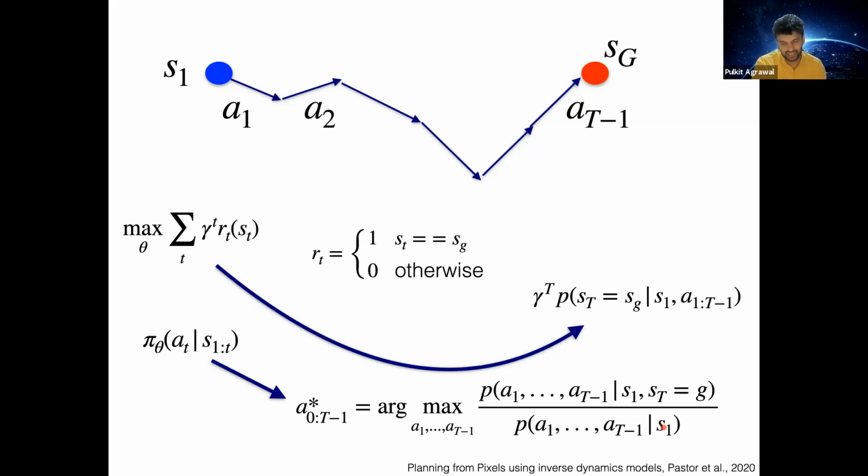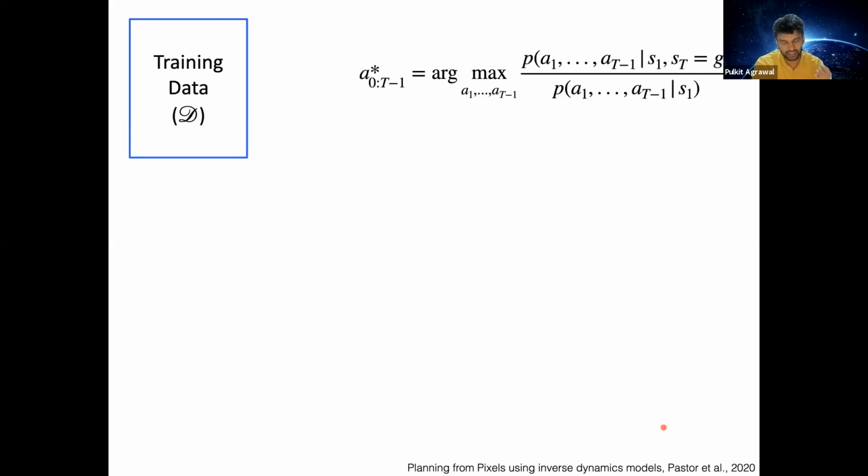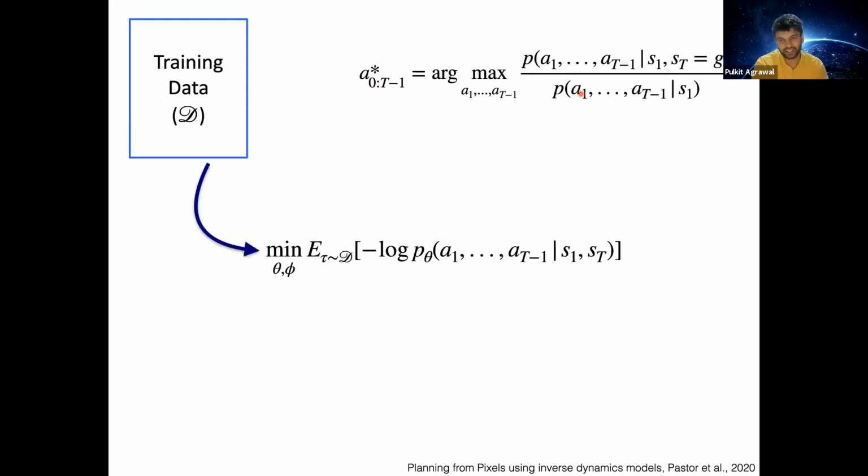Maybe to just state it again, suppose I collect some training data. What we were doing in the previous part of the lecture was we were just estimating the term in the numerator, which was P of A1 to AT minus 1, given S1 and G. What this work showed is that if you want to find the optimal action trajectory, you should also divide by this term, which they call a prior.